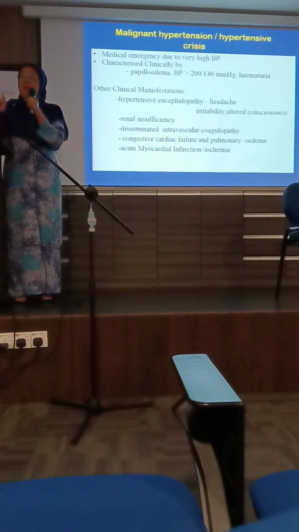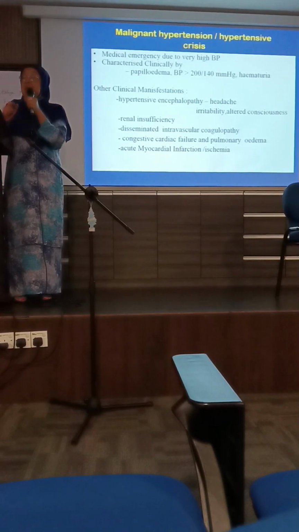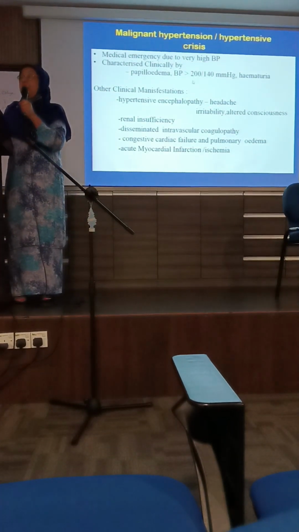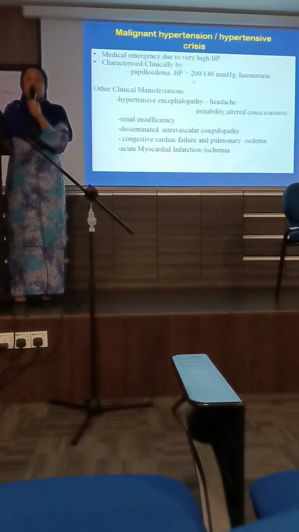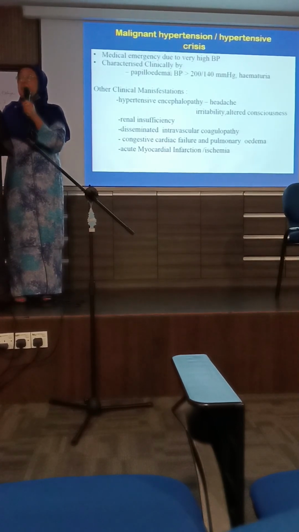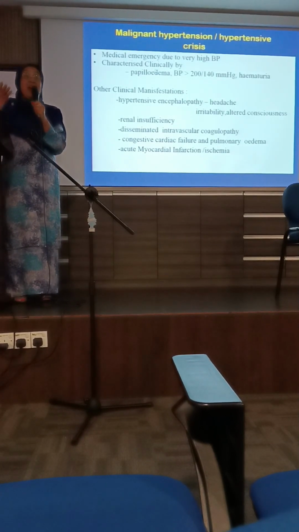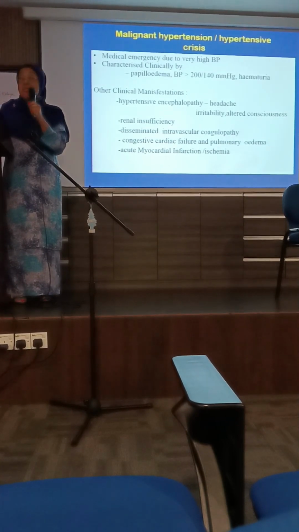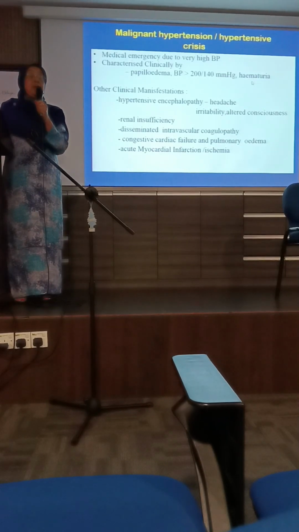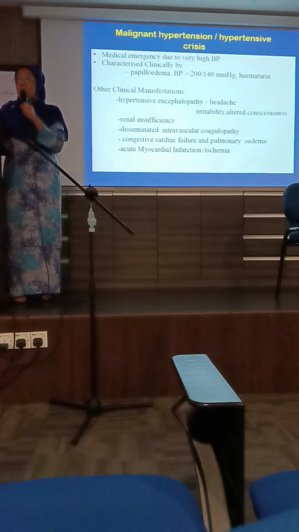These patients clinically will show a blood pressure of more than 200 over 140. This is classified as malignant hypertension, and the patient will develop changes in the eye, edema of the optic disc, which is called papilledema, and red blood cells in the urine, what you call hematuria.